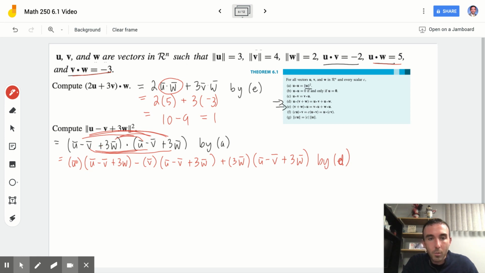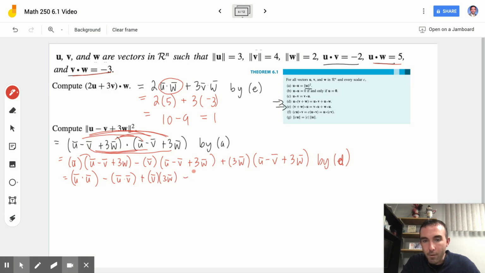We want to push each of these out. So I have u by u first, and then u by v, and then u by 3w. So that's my first group.